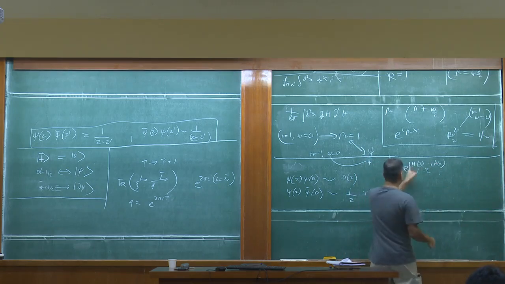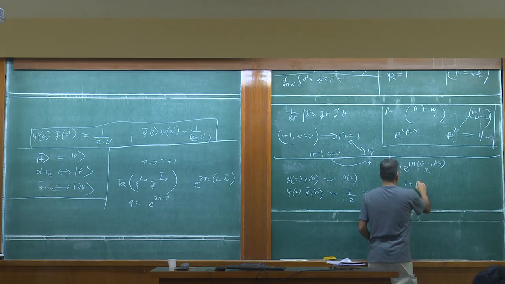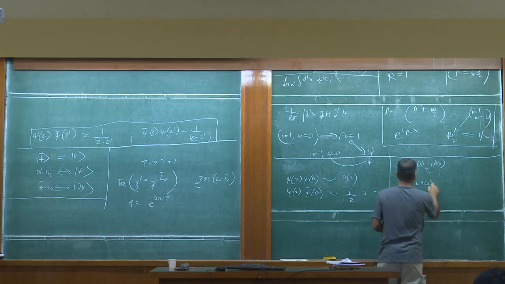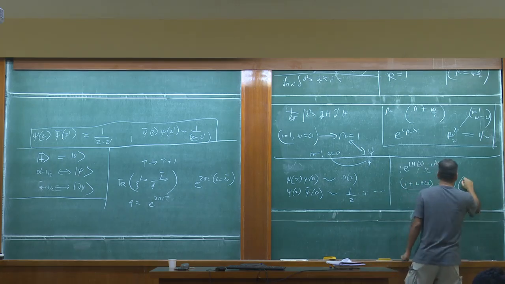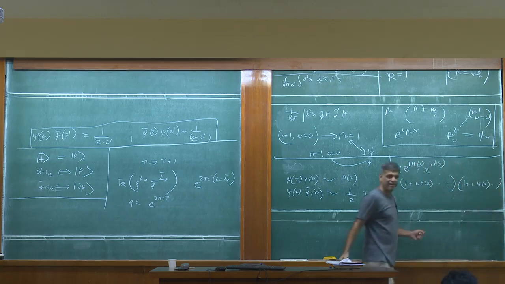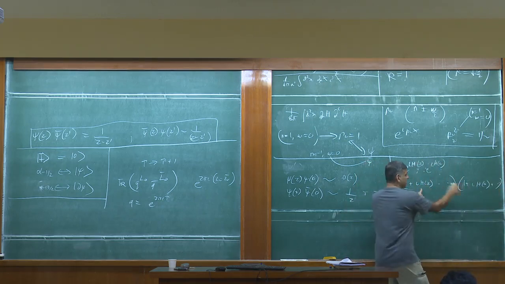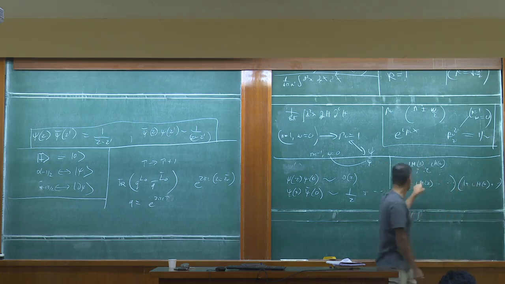I imagine Taylor expanding it. And we have h of z, and then there is plus blah, blah, blah. We've got e to the power ih of 0 plus blah, blah, blah. And then the first contraction we would get in this Taylor expansion is contraction of h with h.